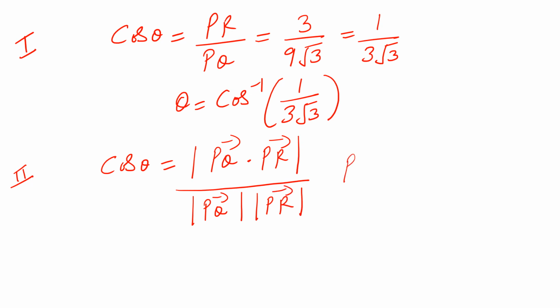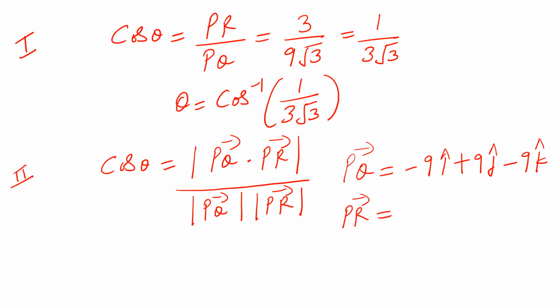Now students, vector PQ is equal to minus 9i plus 9j minus 9k, and vector PR is equal to 2i plus j minus 2k.